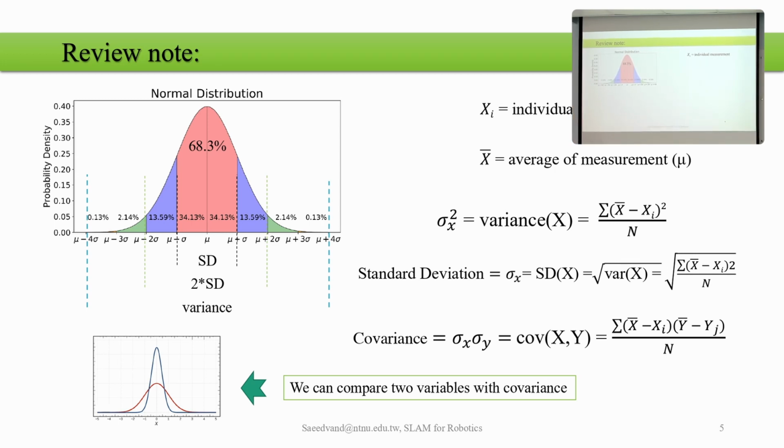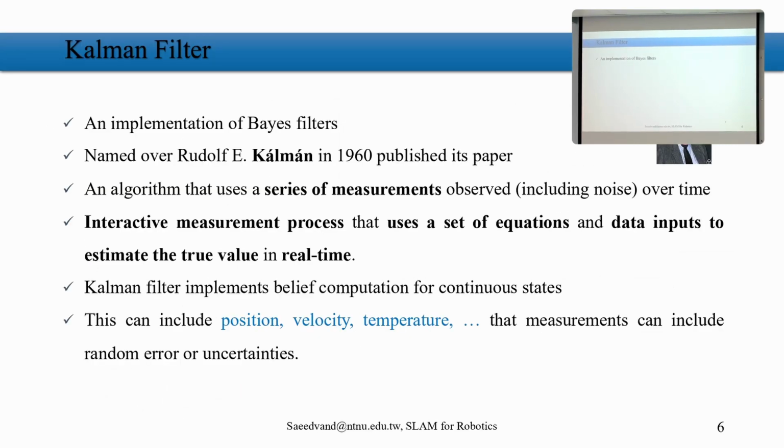Then we talked about the normal distribution, the individual measurement, and the average of measurement. Then we talked about the variance, the standard deviation, and covariance, and how we can calculate them based on the samples or number of points that we have in different problems. And we stated that we can compare distributions together.